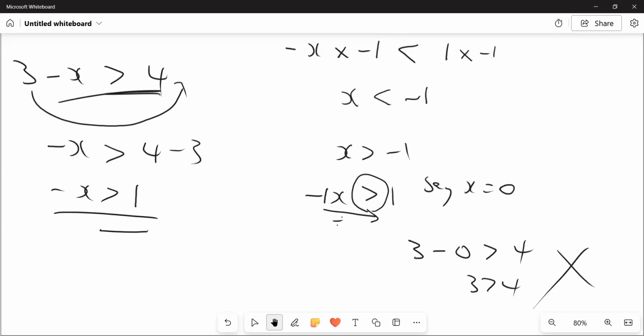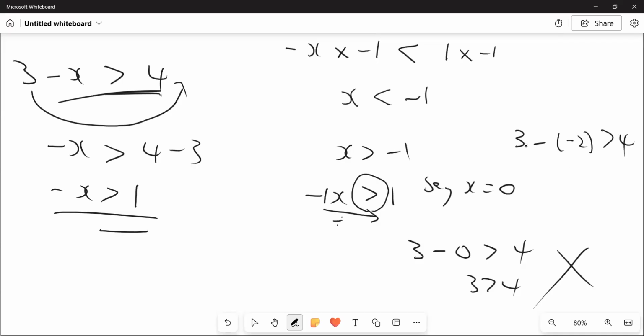On the other hand, if you reverse the inequality sign like we said we should, it says now x is less than minus 1. So let's take a number less than minus 1, minus 2. So we have 3 minus minus 2 is greater than 4. Is that true?